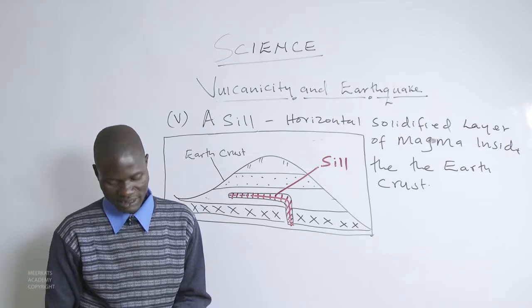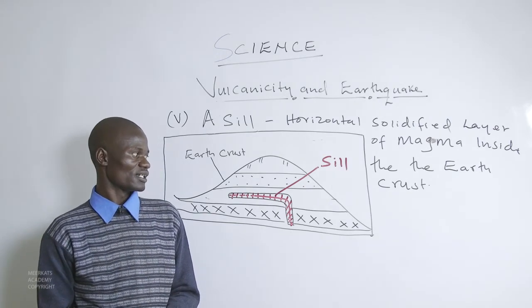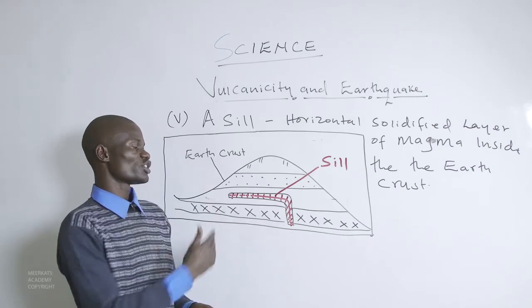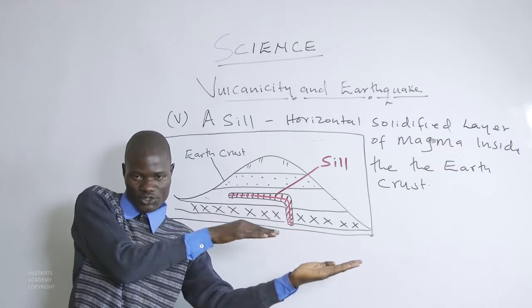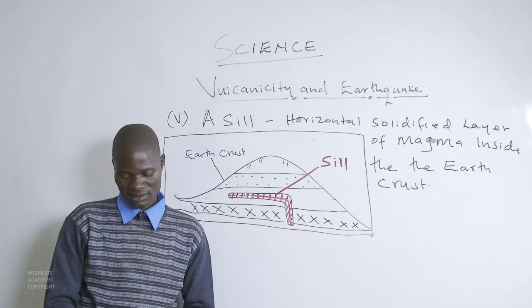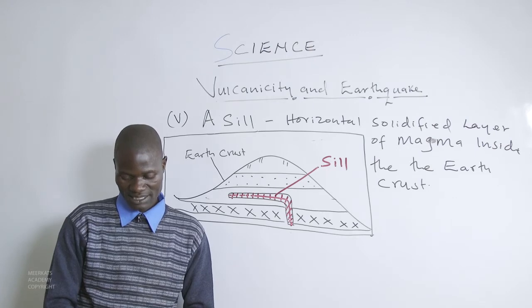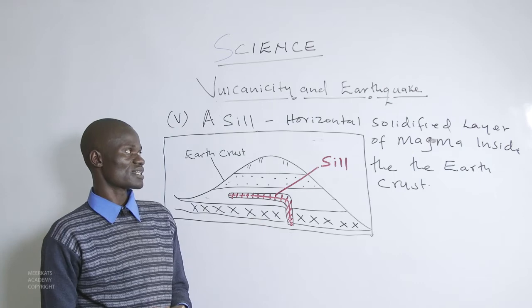When it is formed, it takes this shape, and in the process it may even extend to a larger distance and form into a horizontal tunnel that is found within the bedding planes of the earth crust, and therefore forming a simple feature that we refer to as a sill.